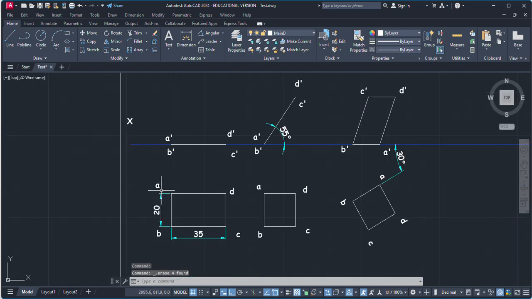Here you can see this rectangular surface resting on HP on this AB edge. While resting on HP, this is our front view. In the question it is rotated at some angle so that the top view appears as a square.